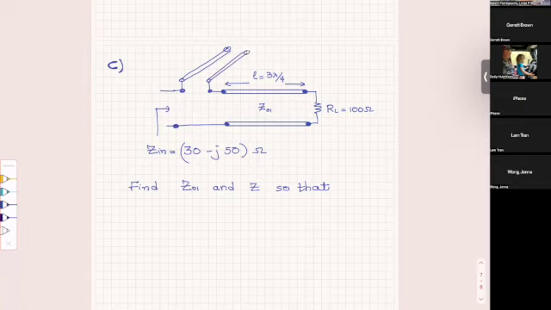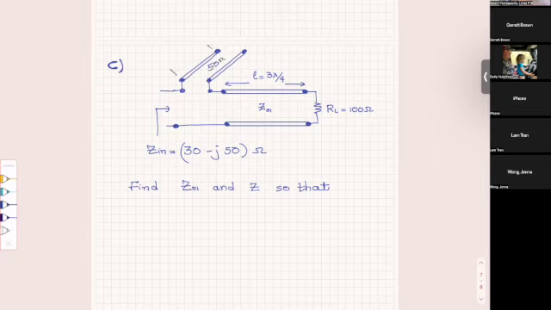Okay, this is a series stub, but it's open at the end, and that has 50 ohms here.